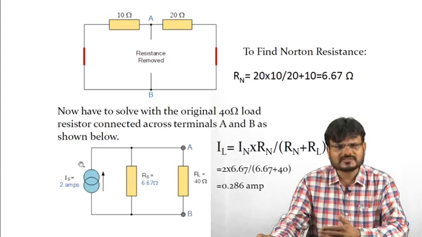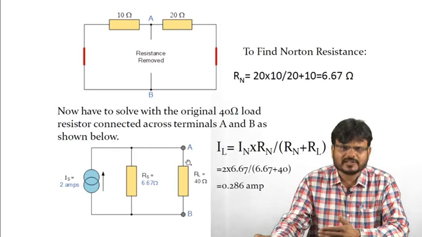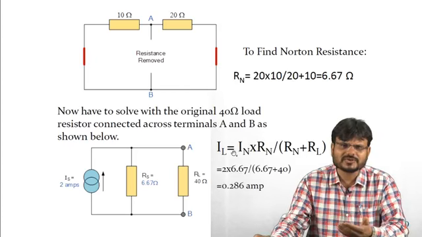So again this Norton current or short circuit current will divide in these two branches. One is through the RN, that is 6.67 ohm, and the other through the load resistance 40 ohm. Because you are calculating the current from terminal A and B, this current is termed IL, that is the load current. So how do you calculate the load current IL? Just apply the current division rule.